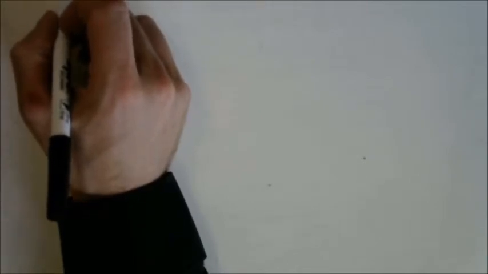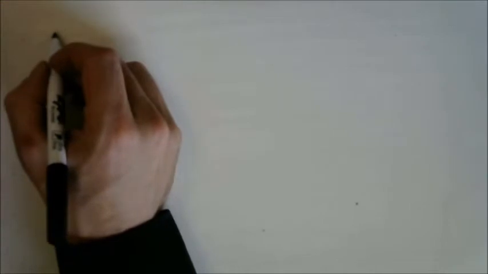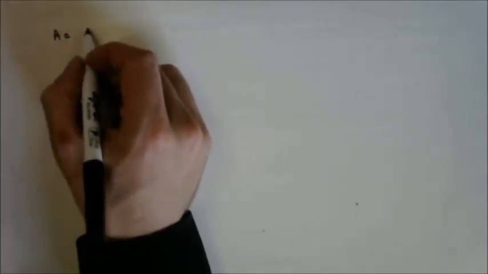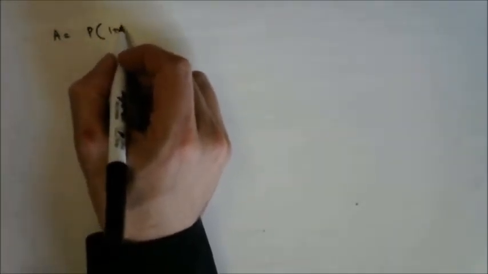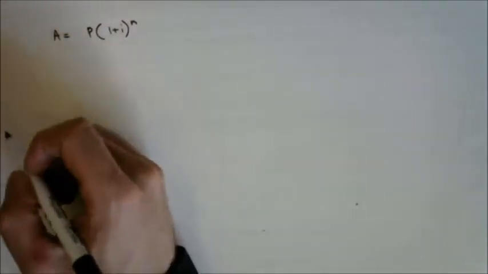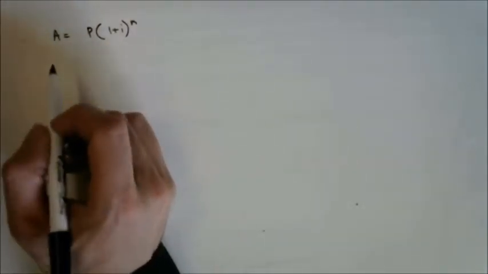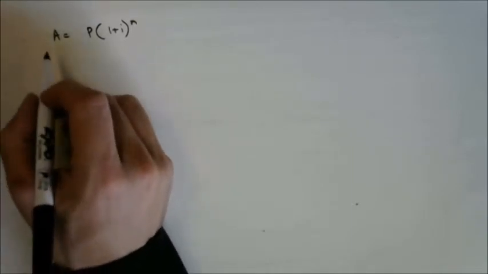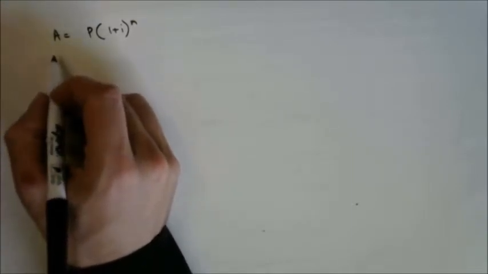Here we go. We know some things. We know that the original formula that we want to use is A equals P in brackets 1 plus i to the power of n. Okay, this is our formula for calculating the amount that he will owe. What do we know? Do we know the original amount?